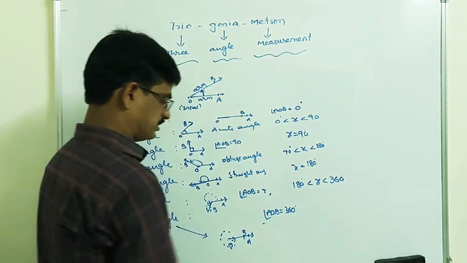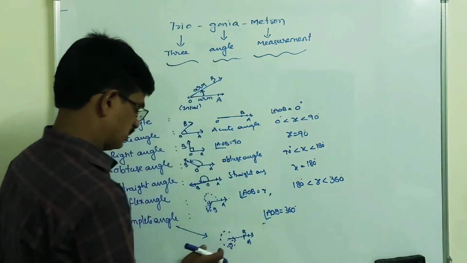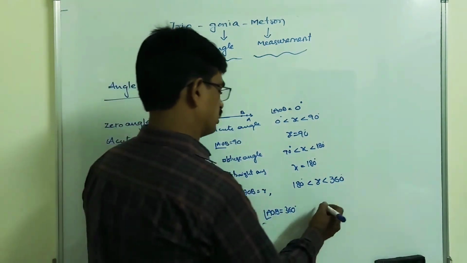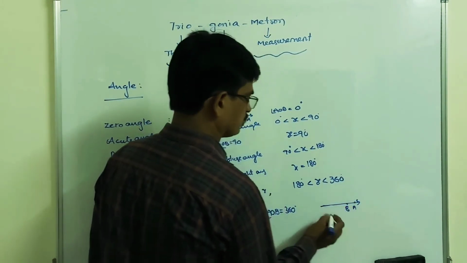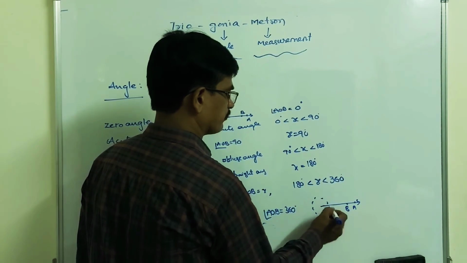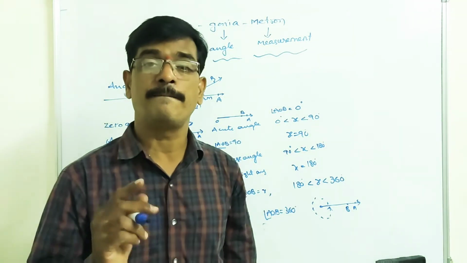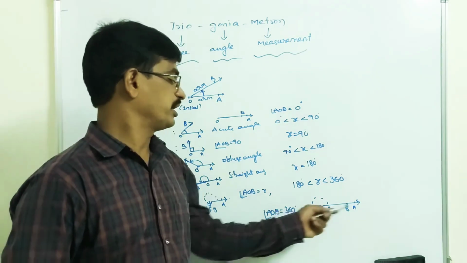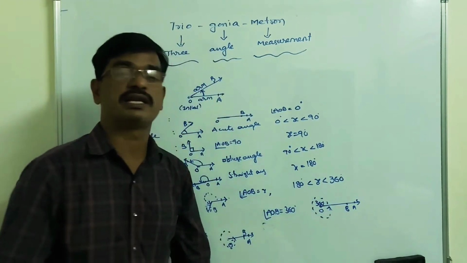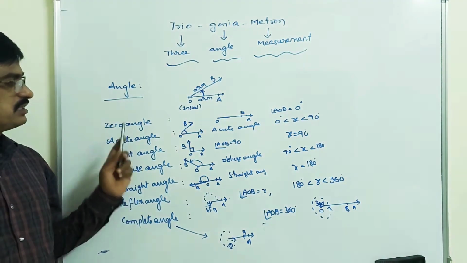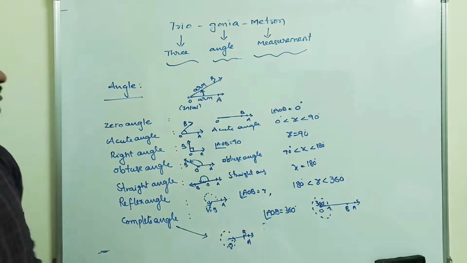It is a complete angle. I think this diagram is not visible to you, so I will draw it once again. You see here, this is ray OA and OB is also here, but OB is a terminal side which makes a complete revolution with ray OA. Hence the angle at O is 360 degrees. All these things everybody knows; I explained them just for revision.